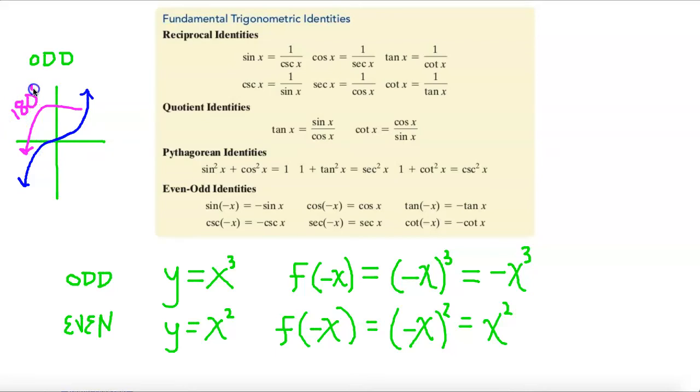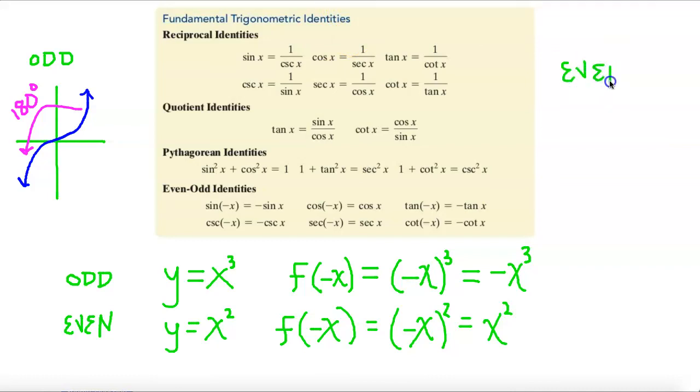And that is true of any odd graph. If you take sine, or cosecant, or tangent, or cotangent, and you rotate the graph 180 degrees, it will look identical. So odd graphs, odd functions, will always have what's called point symmetry, 180-degree rotational symmetry. And you can compare that to even graphs.